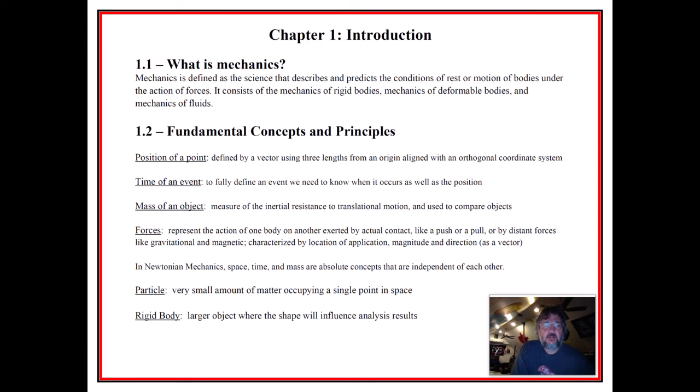Some fundamental concepts. The position of a point can be defined quite often. We use a position vector to define the location in space. And we also have a coordinate system, a number of different coordinate systems, and an origin. A lot of these things are kind of arbitrary, right?